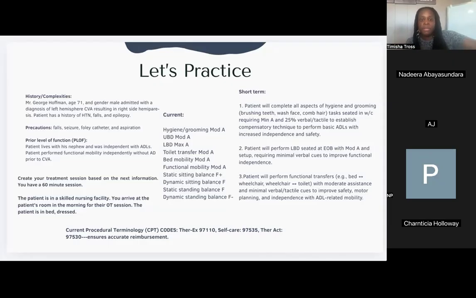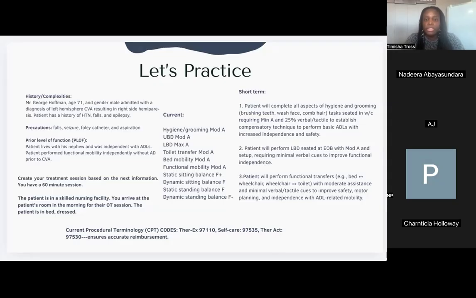Their prior level of functioning, again, this is something that would be abbreviated to PLOF. This patient lives with his nephew and was independent with ADLs. Patient performed functional mobility independently without AD, which means assistive device, prior to CVA, which is cerebral vascular accident, AKA stroke.